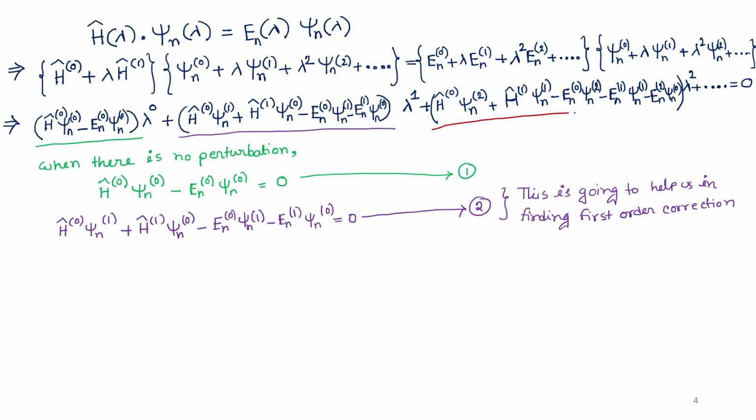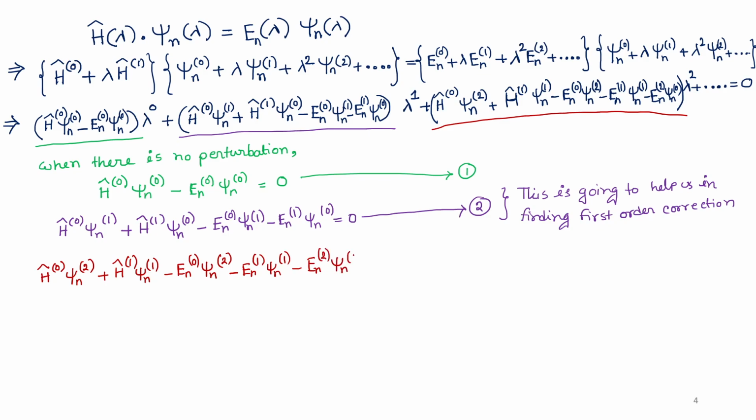We have another equation which is h0 psi 2 plus h1 psi 1 minus en 0th psi 2 minus en1 psi 1 minus en2 psi 0th.